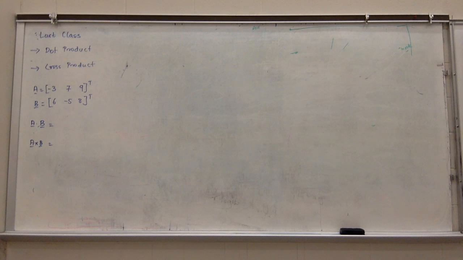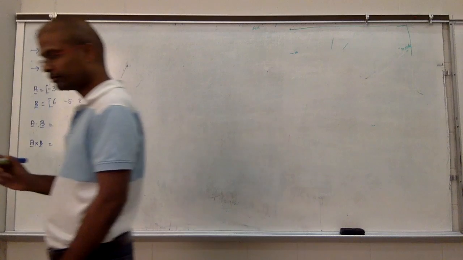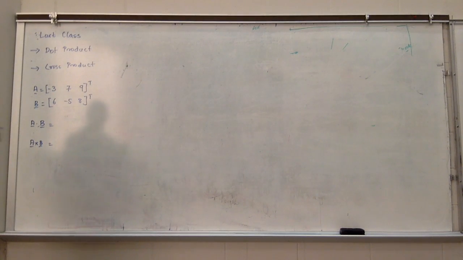Do the cross product now. You have your notes? How do you do the cross product? You stretch out the i, j, k and then determine the determinant basically. So do the determinant and show me.